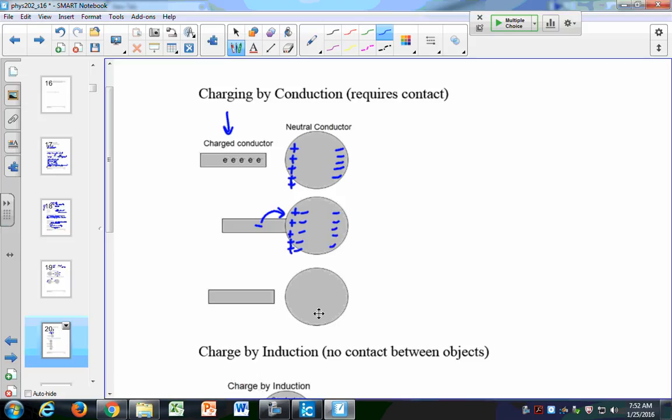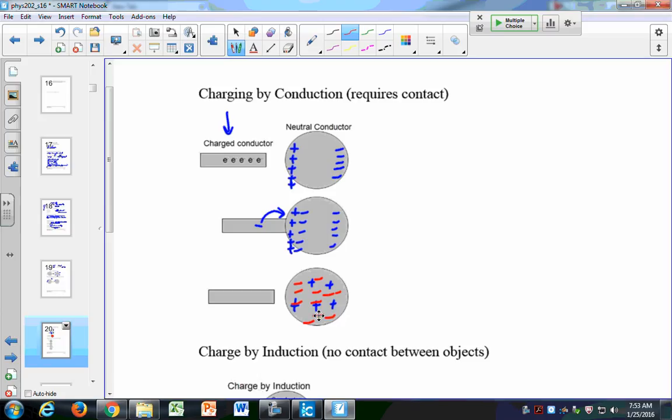Then when I take it away, they all go back to being distributed, but they're now going to have an excess of negative charge. That's called charging by conduction. It just means that the two objects have to actually touch one another.